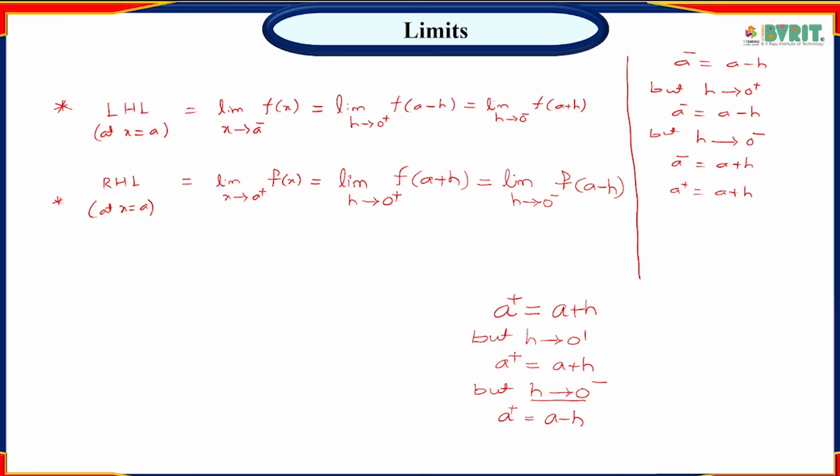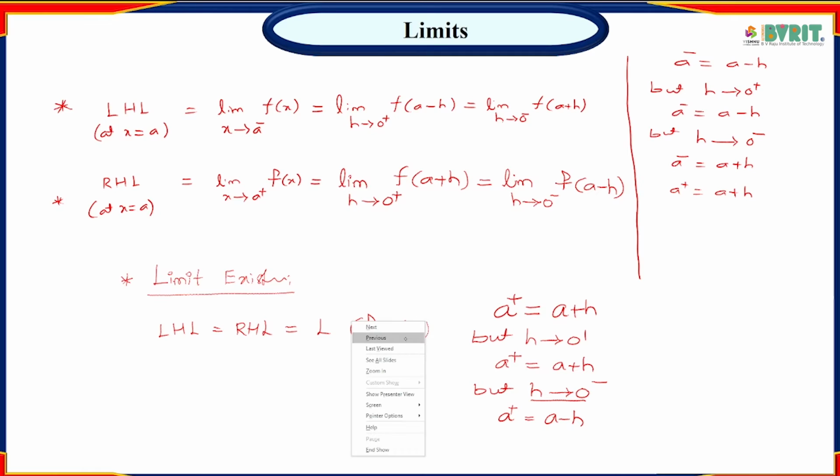Now the limit existence. What is the limit existence? The limit exists when the left hand limit is equal to the right hand limit, that is equal to L, where L is a finite value.